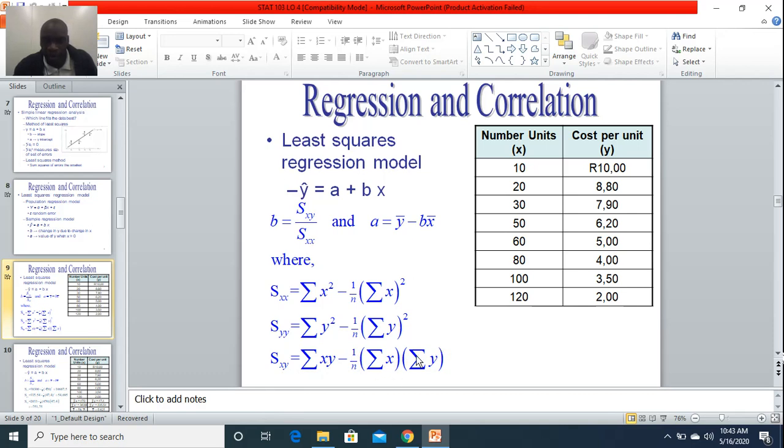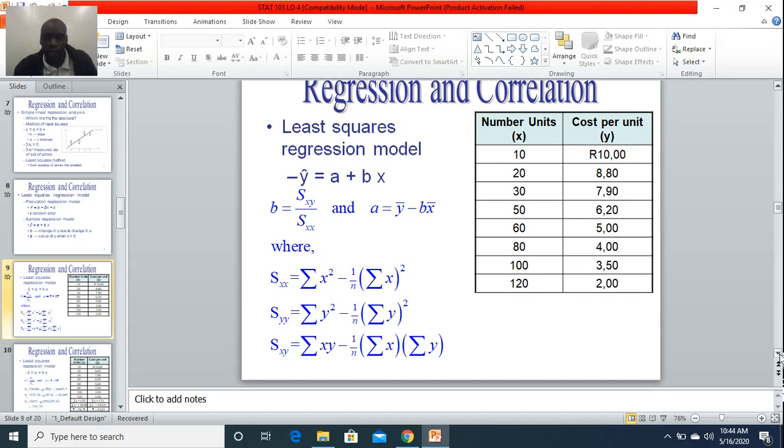When we say summation of x, we add all these values, and the answer that we get is the sum of x. Summation of y, we add these values, and the answer is the sum of y. n is the number of pairs, so here we have 8 pairs. xy we get by saying x times y. We create a column, then we add.